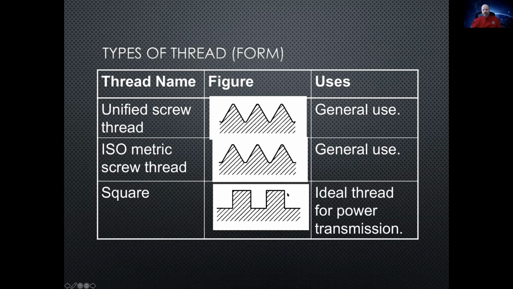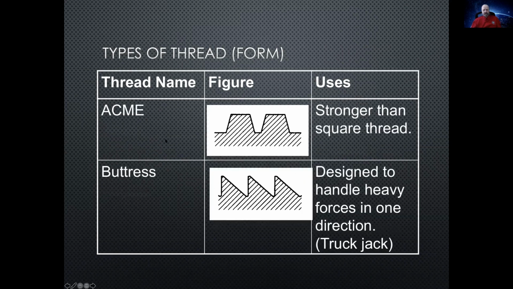Then you have a square thread. This is if you have to transmit a lot of power. You would do more of a square type of thread, so they don't strip out as easily. The Acme thread is stronger than the square. It's trapezoidal in nature, so it can carry more load.